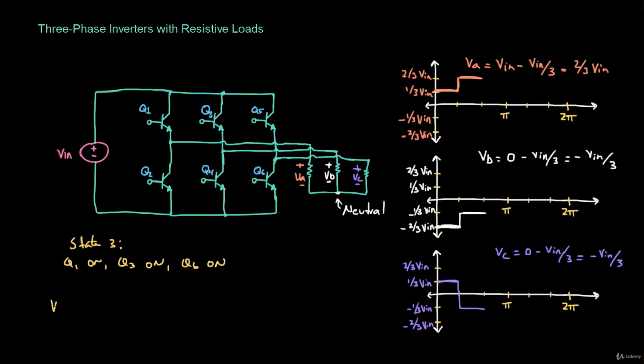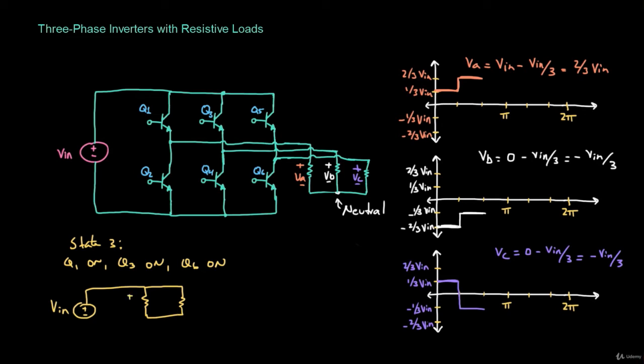So we're going to have, again, Vn, plus minus, and then Q1 is still on. So VA is connected to the positive terminal of Vn. Now Q3 is on, so the positive terminal of VB is now connected to the positive terminal of Vn.